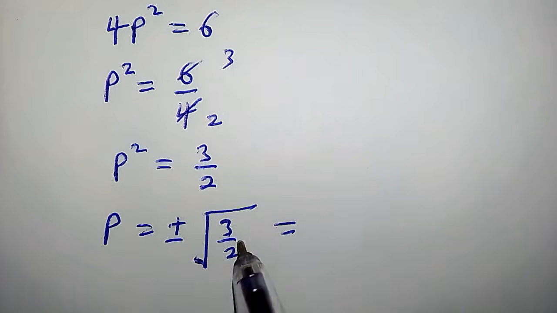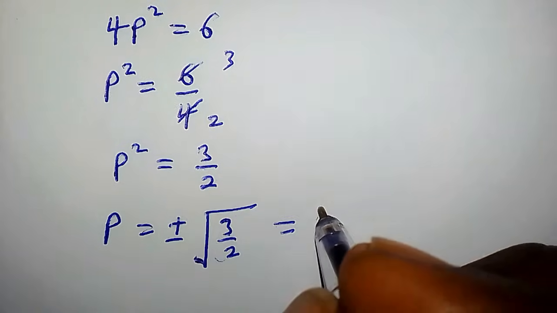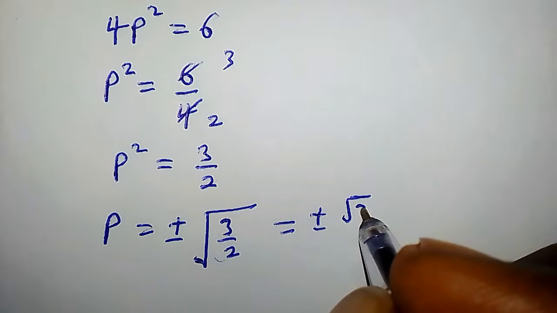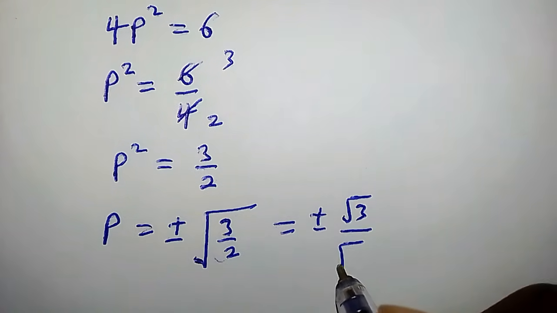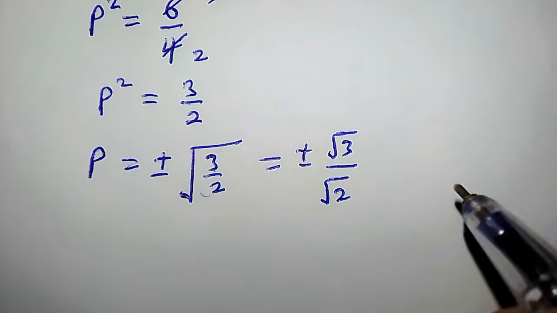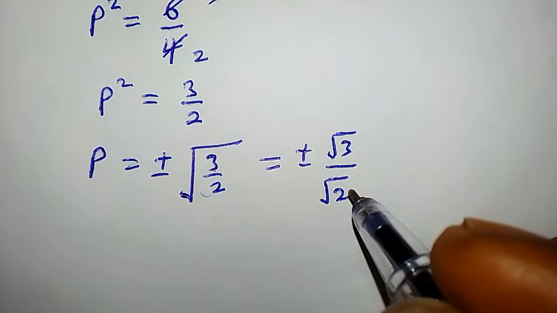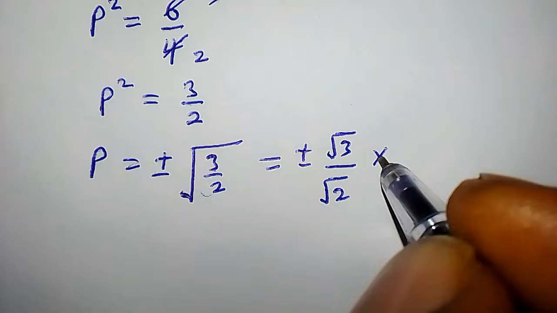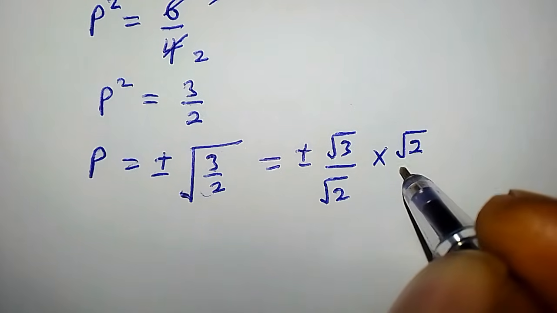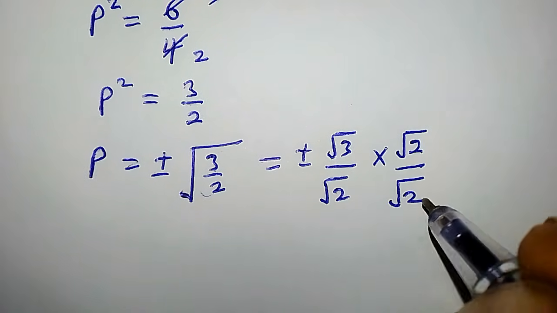We can also rewrite this as plus or minus square root of 3 over square root of 2. Now, let us rationalize this fraction by multiplying numerator by square root of 2 and denominator by square root of 2.